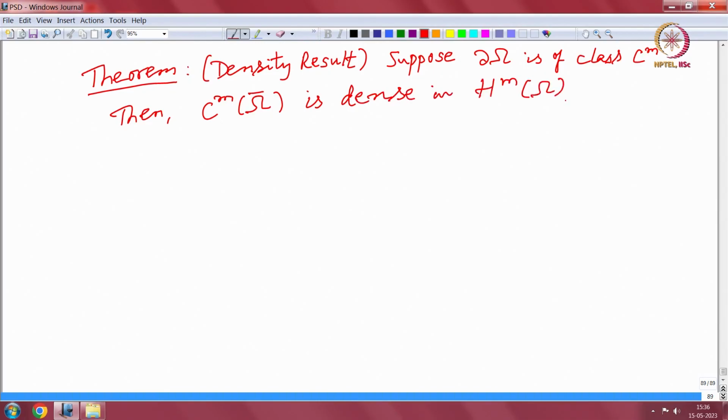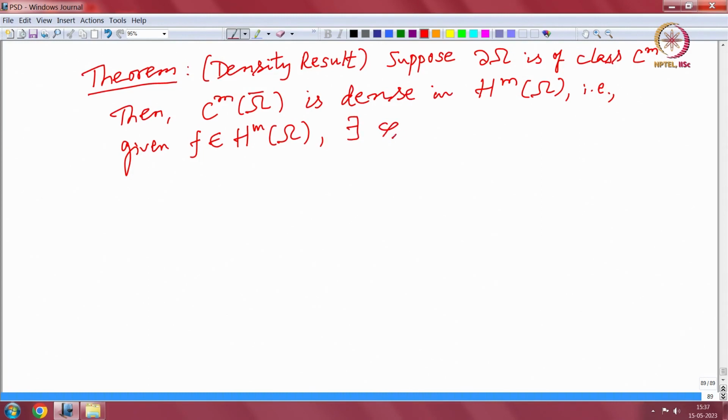Okay, so again, let me just write that. That is, given f in HM omega, there is phi, or you can write in terms of a sequence.